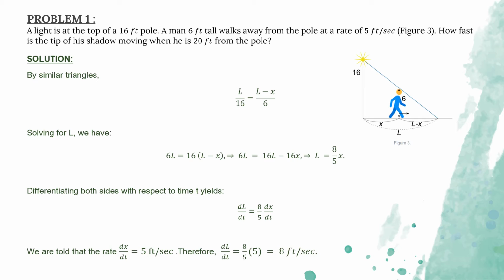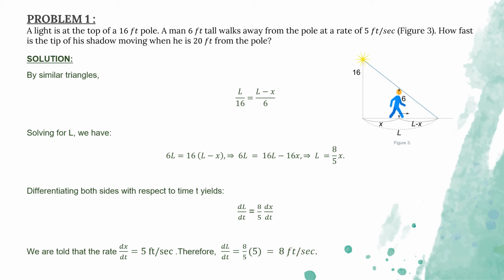Here's the solution. From figure 3, we can see that the two triangles are similar in shape. From that, we can make an equation of the big triangle equals the small triangle. So, it will be 8 over 16 equals 8 minus x over 6. And then, we have to solve the equation until we get L equals 8 over 5 x.